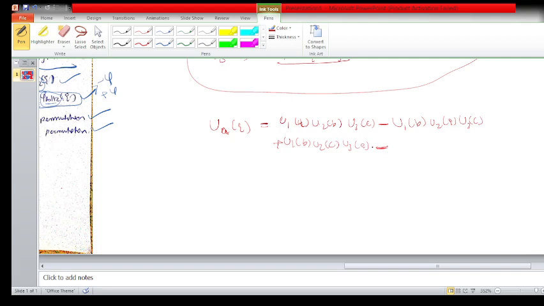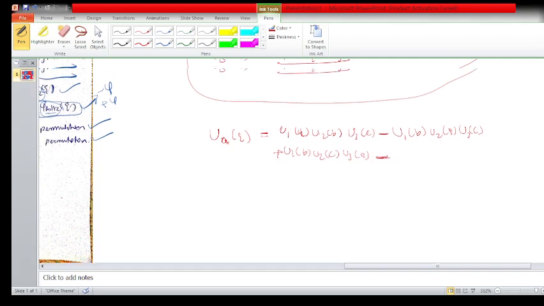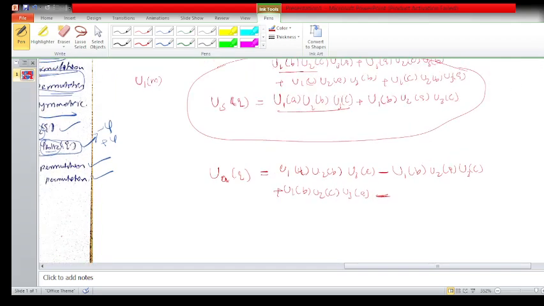This one is odd, and the next one is odd, so we will be having minus u1 of A, u2 of C, u3 of B. Then plus u1 of C, u2 of A, u3 of B, minus u1 of C, u2 of B, u3 of A. So for even permutations we are having a positive sign, and for odd permutations a negative sign.